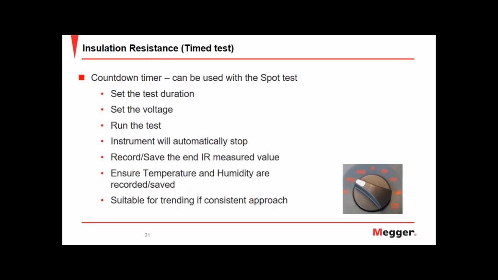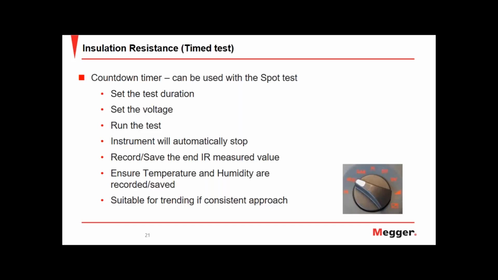Okay, the time test is simply an extension of the spot test, but instead of just setting the voltage, you actually set the duration of the test. So you start the test and the instrument will stop automatically. You're able to record the temperature and humidity, as we mentioned earlier.